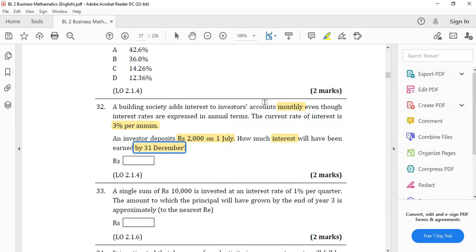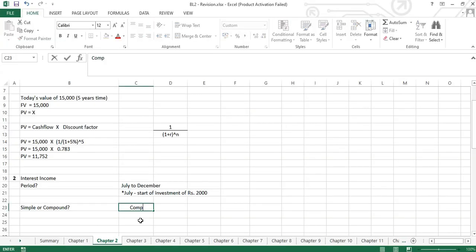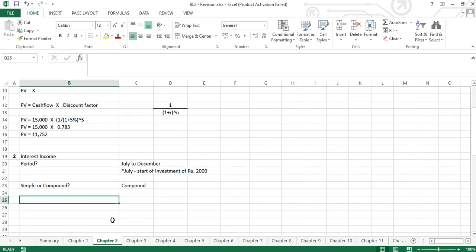In this case, they've said that interest is added monthly even though expressed in annual terms. So if they say the interest is annual but they are adding it monthly, then they refer to compound interest rates. That means monthly, your interest gets calculated on the total balance of each month. Right?